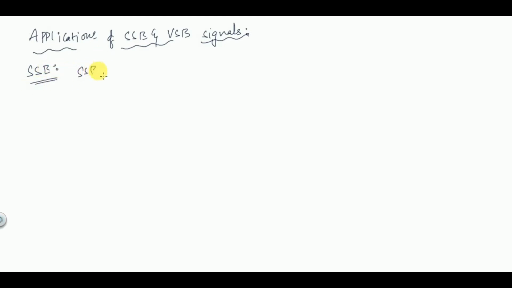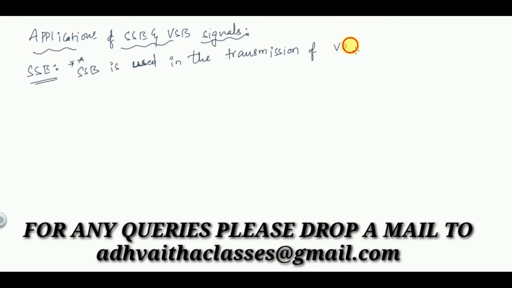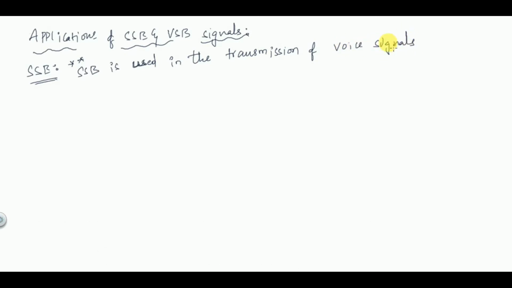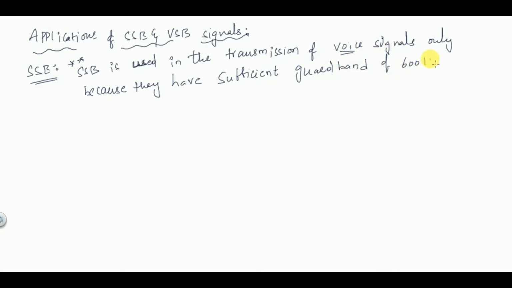So SSB, very important point, SSB is used in the transmission of voice signals only, because voice signals have sufficient guard band of 600 hertz.